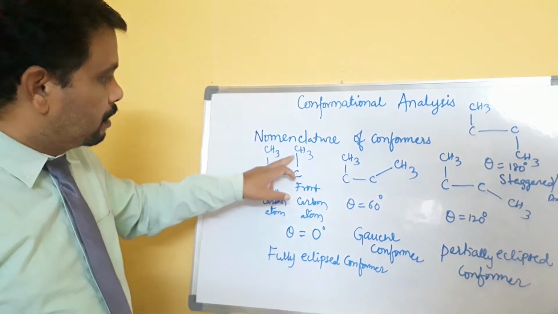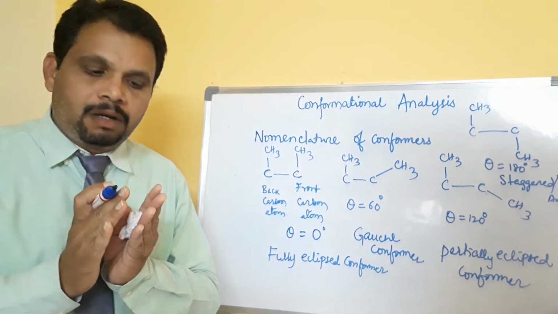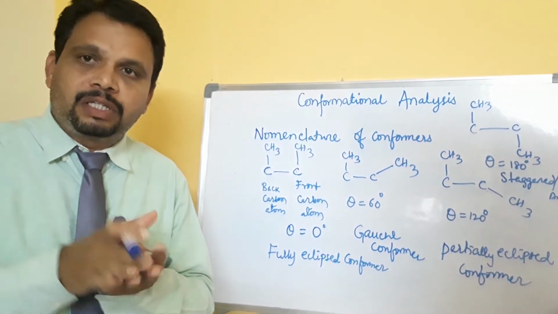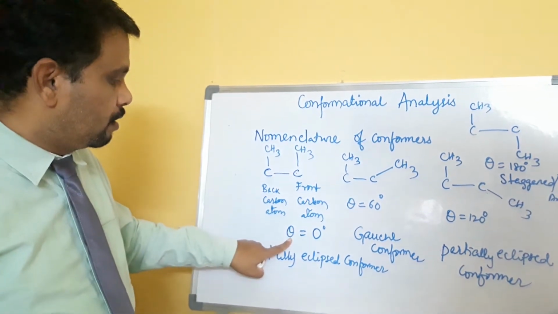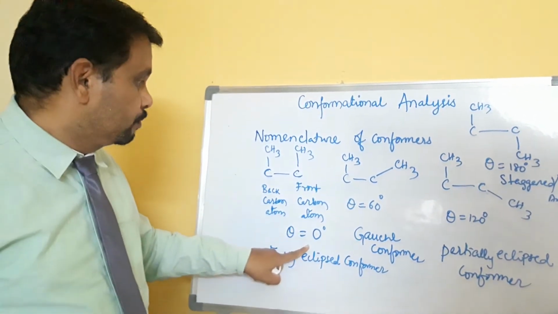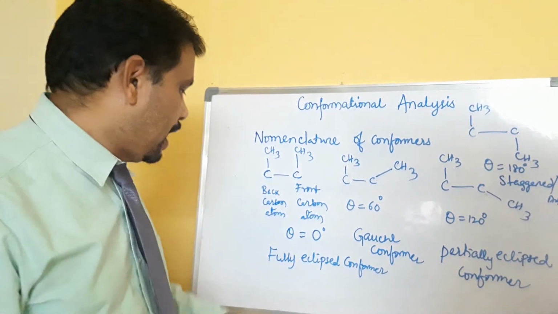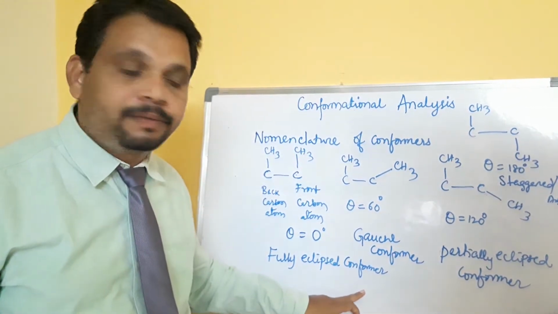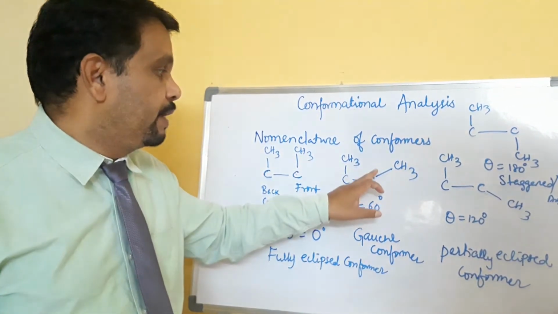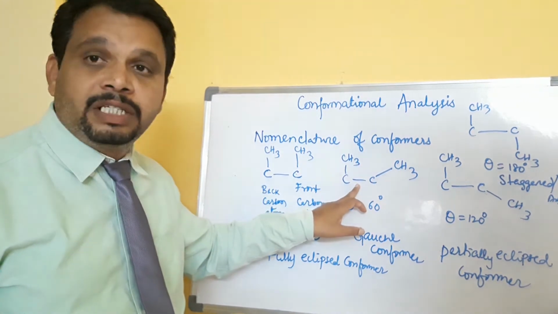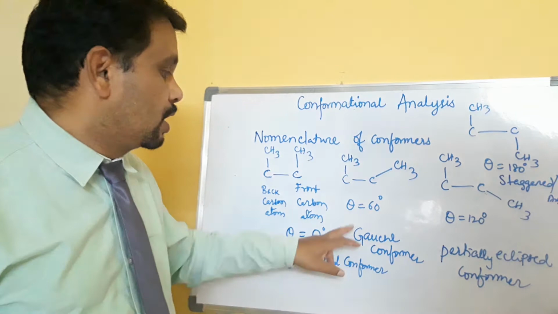If both groups are aligned on top of each other, in the same line, when the dihedral angle is 0, such conformers are classified as fully eclipsed conformers. When the dihedral angle is 60 degrees, due to C-C single bond rotation of 60 degrees, you will get the gauche conformer.